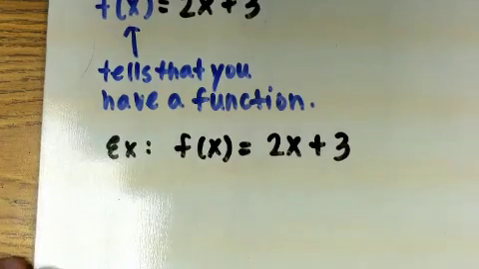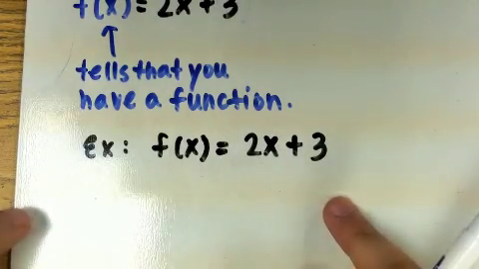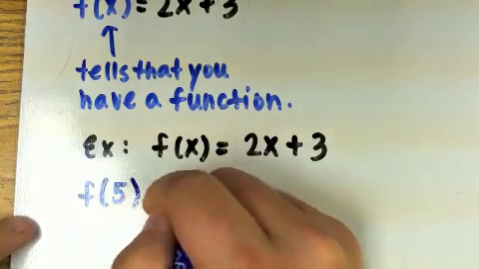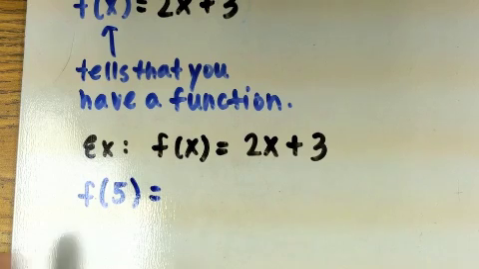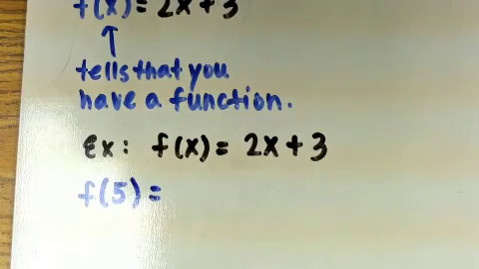We'll use that same one. And I ask you, if this is a function, I want you to tell me what f of 5 is. Meaning, I want you to evaluate the function at the number positive 5.